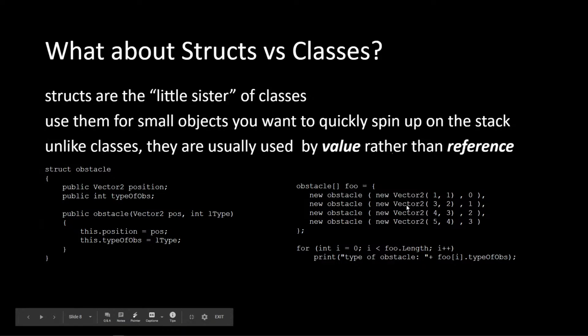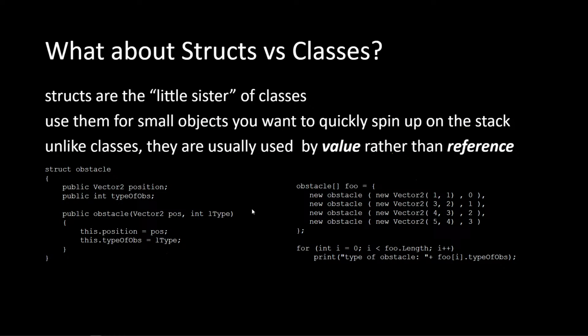They're not meant to be very, very complex, but they are very useful when you want to create some group of things, or an array of small items that have certain things in common. So structs versus classes.